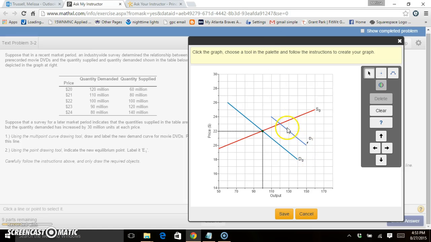So with my new demand curve, my new equilibrium point, I'm going to click the point tool over here to put a dot at my new equilibrium point, which is where my new demand curve crosses my old or same old supply curve. Remember, the supply curve doesn't change because they told us that the quantities supplied in the table remained the same. And the only thing that changed was our demand quantities. So I'll put my new equilibrium here at 23 and 120 and click the question marks to label it.